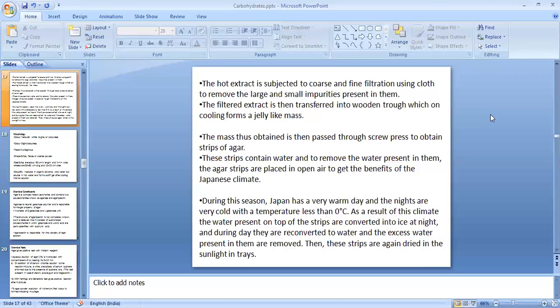During the daytime, it is a very warm day, so it is reconverted to water and the excess water present in them is removed by evaporation. The strips are subjected again and again to this freezing and thawing condition, and later dried in sunlight. Okay, so that is how agar is extracted from the red algae, the seaweed, then processed, dried, packed and sent to the market.